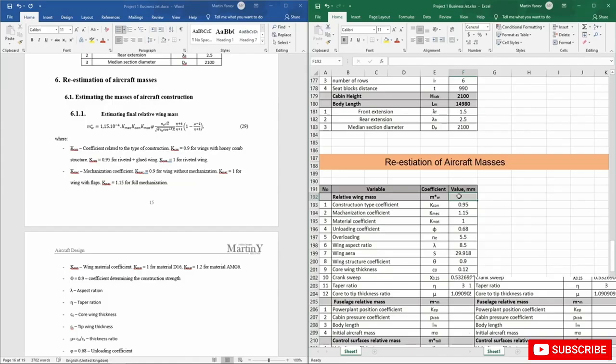So this one will be equal to 1.15 multiplied by 10 to the minus 4. Here we go. I will multiply this by the K mech, multiplied by the K of the construction, multiplied by the K of the material, and then I will also multiply this by the unloading coefficient.